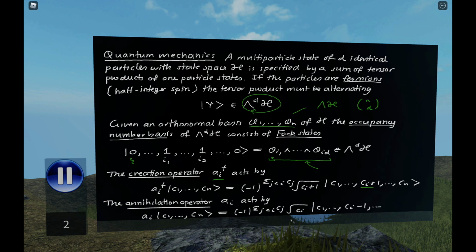So the lemma I want to conclude with says that the creation operator is just wedging with theta I, right? That's what this sign achieves here. And the annihilation operator is the contraction operator, theta I star.